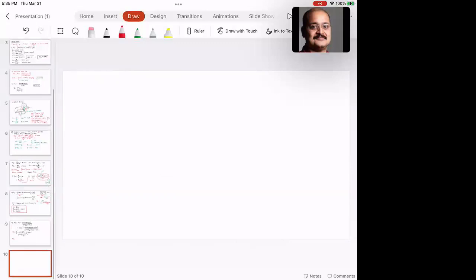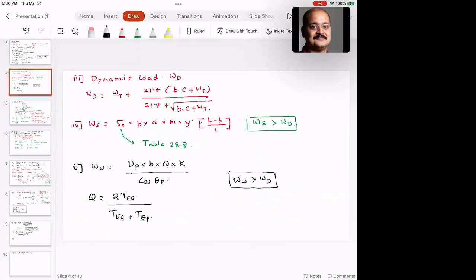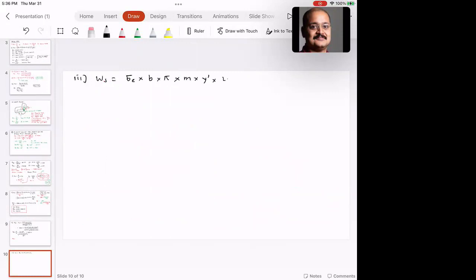Next step is we have to find out the static load. WS equals sigma E times B times pi times M times Y prime multiplied by (L minus B) by L. So sigma E is 490 Newton per millimeter square, and you can actually substitute these values.